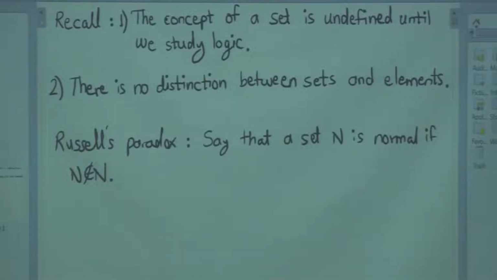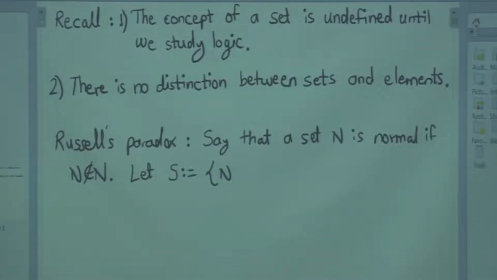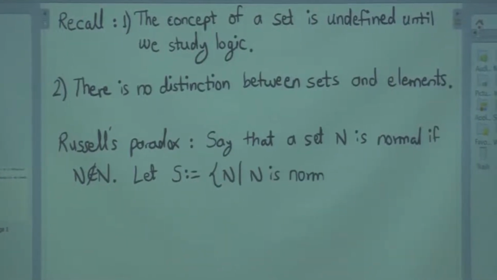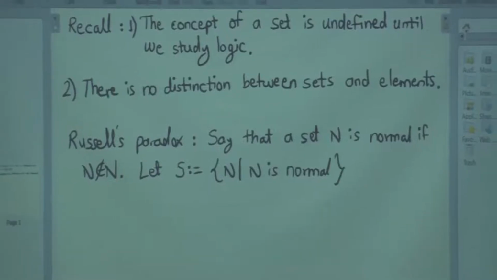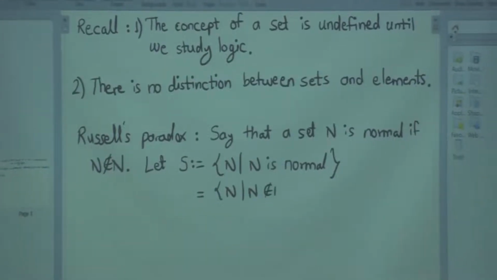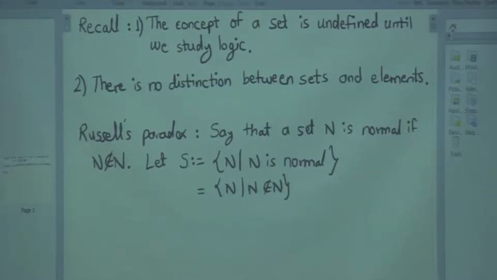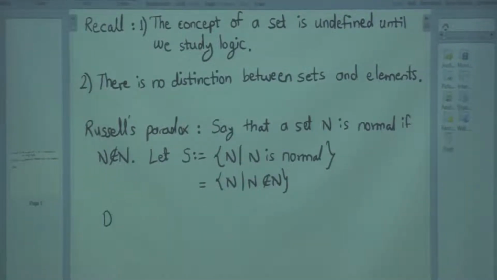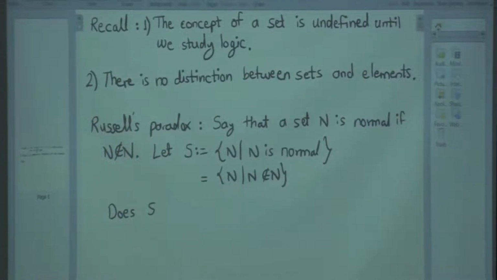Now consider the set S of all those n's such that n is normal, that is, all those n's such that n is not an element of itself. This is a kind of reformulation of Barber's paradox. Now the question is, does S belong to S?